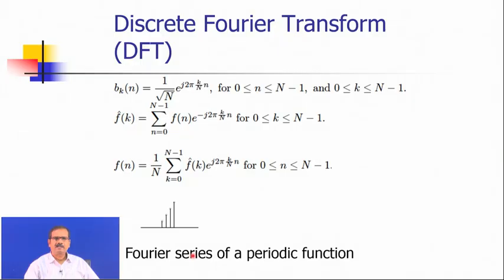So, let us consider a finite sequence. For simplicity, let me take only 4 functional values, which means my value of capital N is 4 here, and this is the function for which I will be doing the discrete Fourier transform.